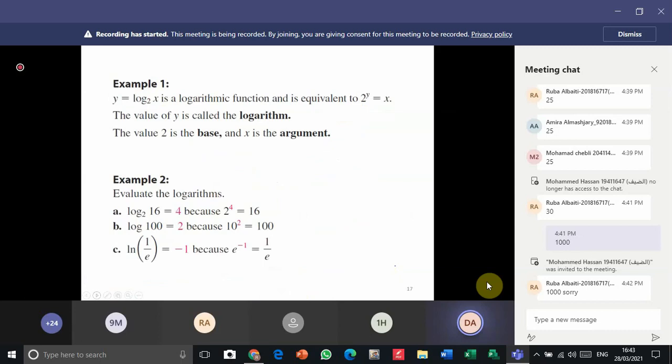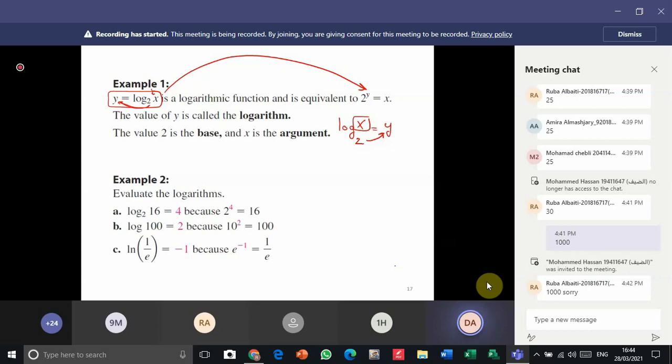Now, if y equals logarithm x to base e in logarithmic form, what is this in exponential form? The x inside the logarithm equals e to the power y. Look at this: logarithm x to base e equals y. So x equals what? e to the power y. Okay.